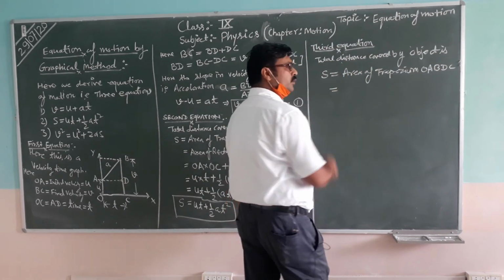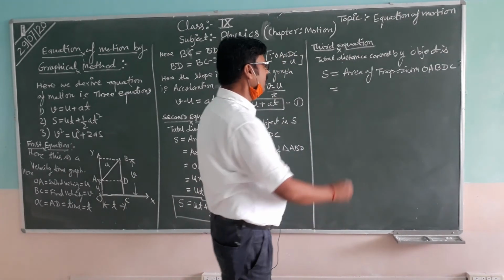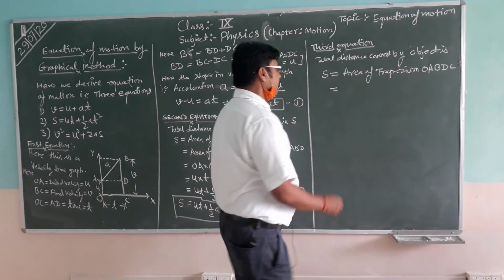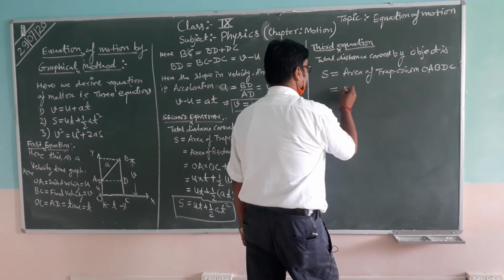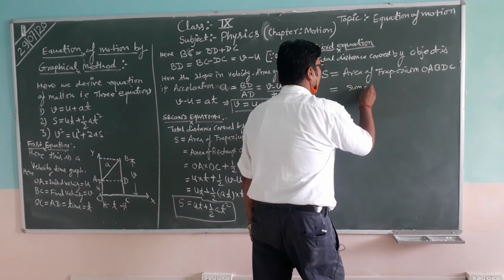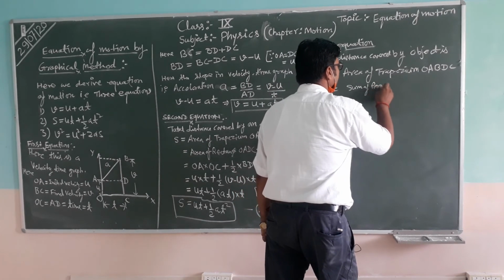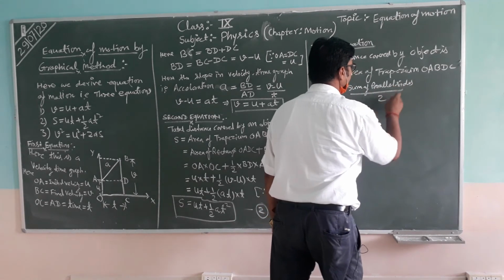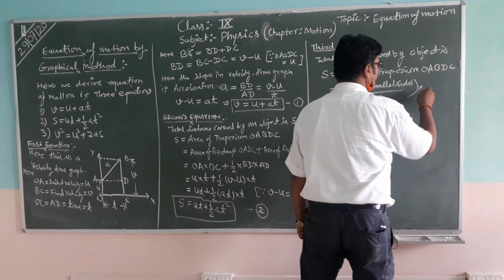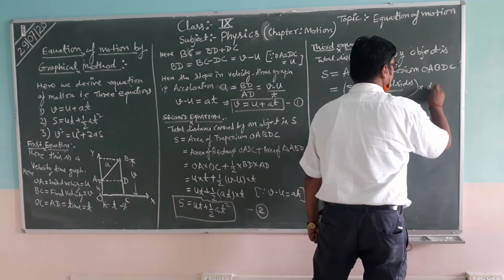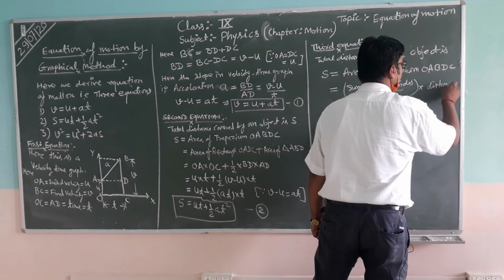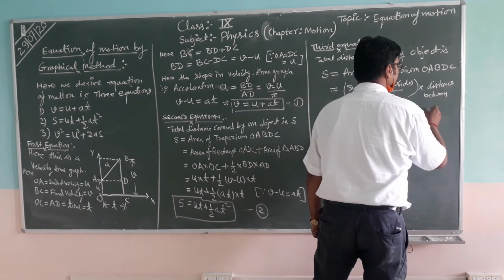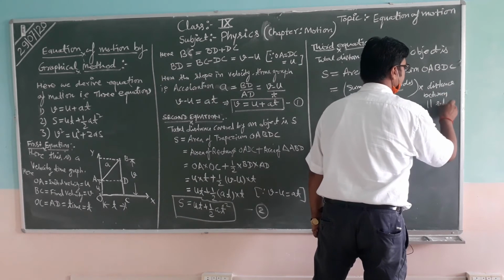So here we use the formula for the trapezium, that is, the sum of parallel sides divided by 2, multiplied by the distance between the parallel sides.